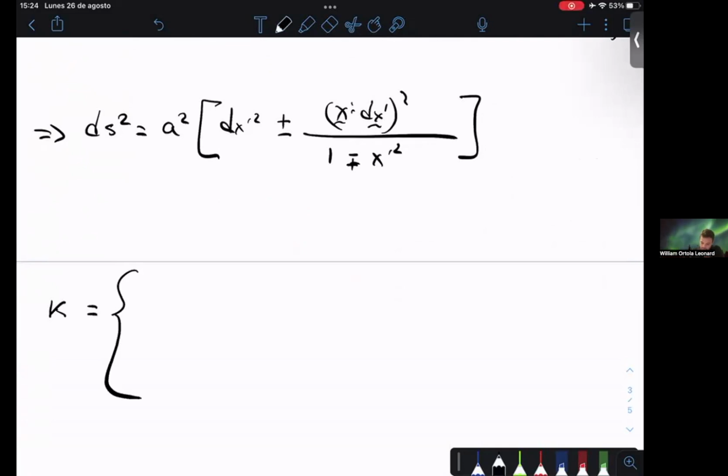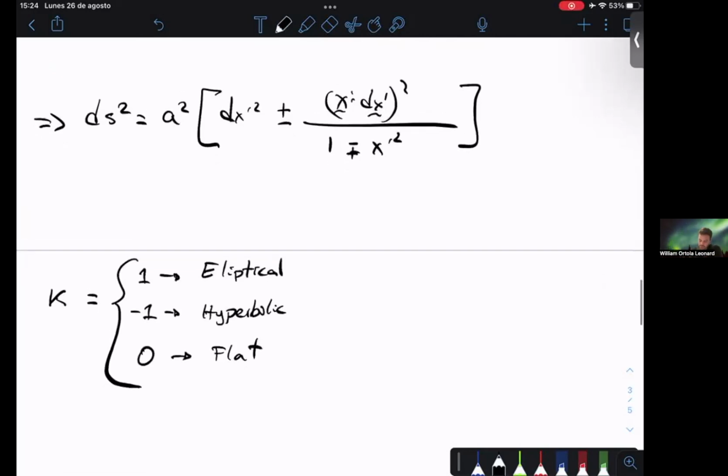It's going to be 1 for an elliptical space, so a positive curvature, and -1 for a negative curvature, or hyperbolic space. But we also want to include the possibility that our space can be flat, right? When we have a flat space, our curvature is 0, so k has to be defined as 0. So this is flat space.